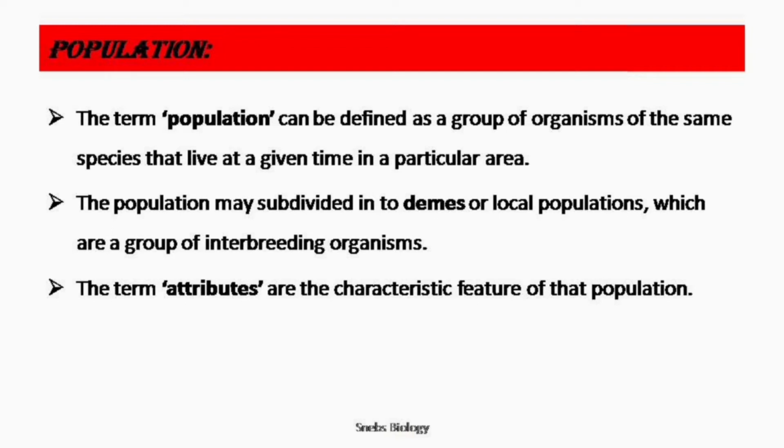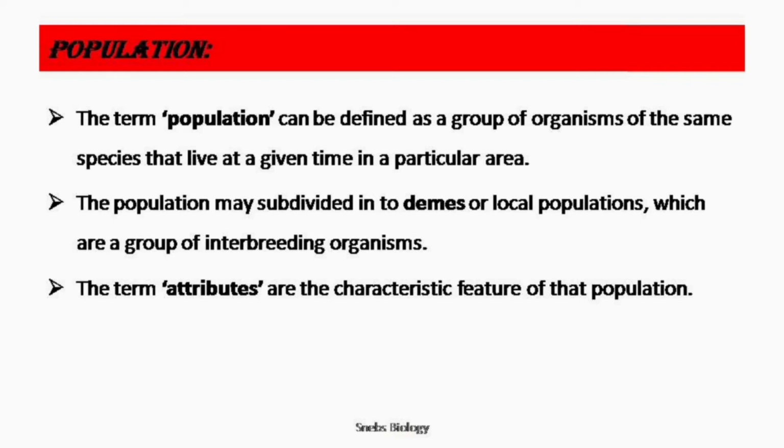If they are in the pre-reproductive age, then this particular parameter doesn't apply to them. So this is a group which we call population, and this interbreeding group is known as demes.